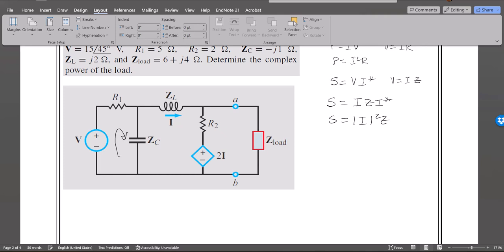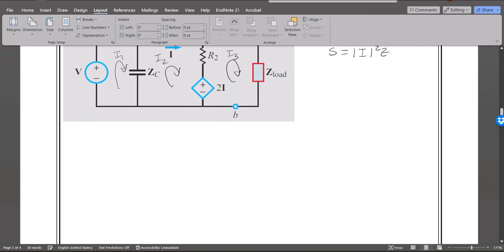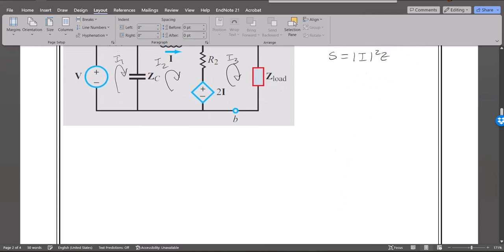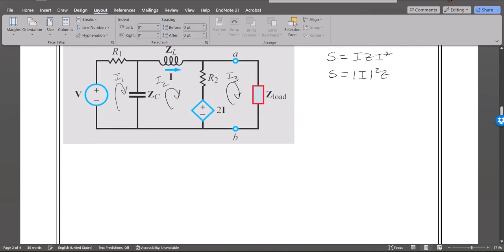So I'll do a little mesh analysis, and I'll call this I1, and this I2, and this I3. And I'll write my mesh equations. So my voltage is minus 15 angle 45 degrees, and then R1 was 5, so plus 5I1.